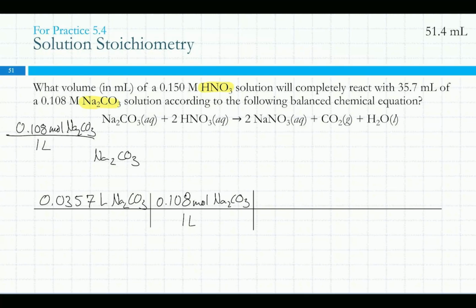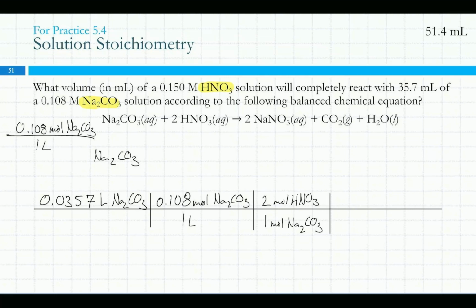Now what? Mole ratio. So what's the mole ratio from sodium carbonate to nitric acid? 2 to 1, 1 to 2. It's 1 sodium carbonate, 2 nitric acids. And so that would give me the moles.